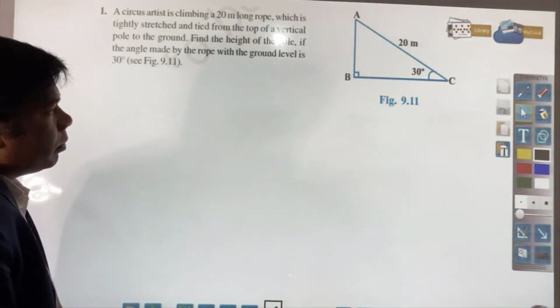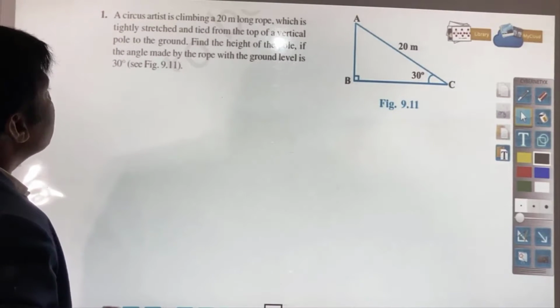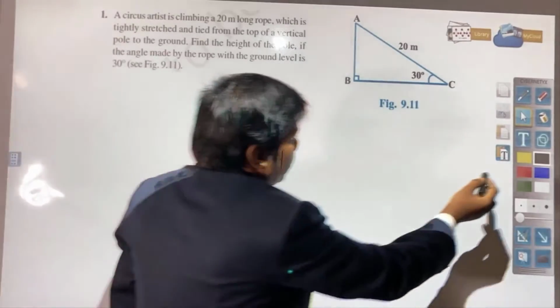Here we have a circus artist climbing a 20-meter long rope.